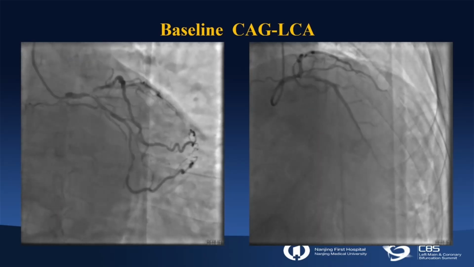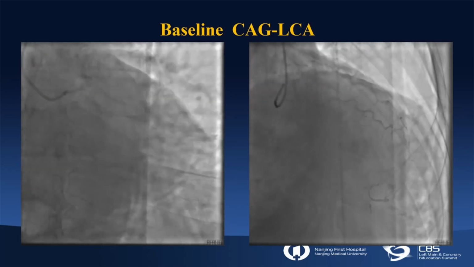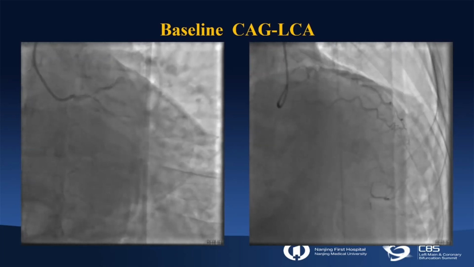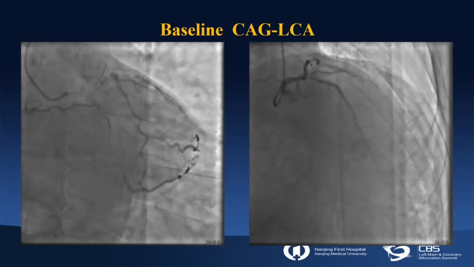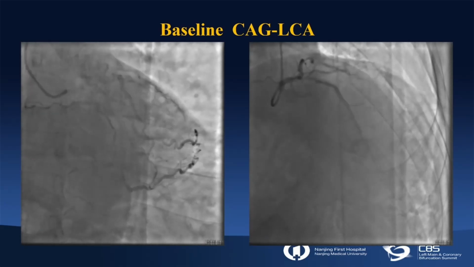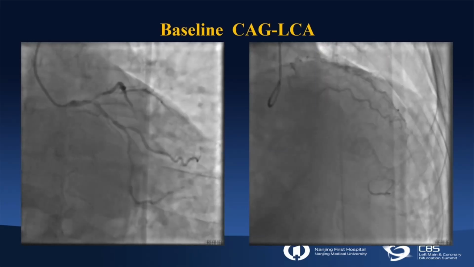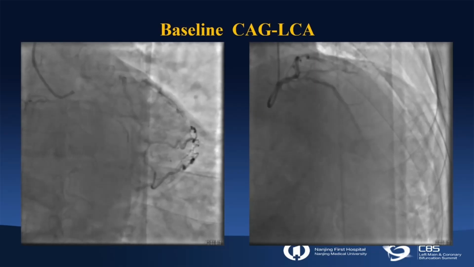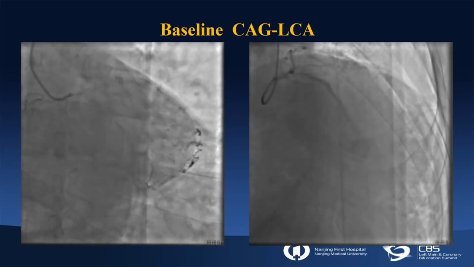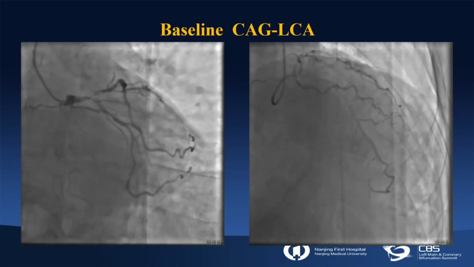From caudal view, we can see distal left main and the proximal LAD and circumflex is a true bifurcation, and the Medina type is 111. Distal segment and the proximal segment of the circumflex have severe stenosis. Proximal LAD is very severe stenosis, and the lesion is severely calcified.